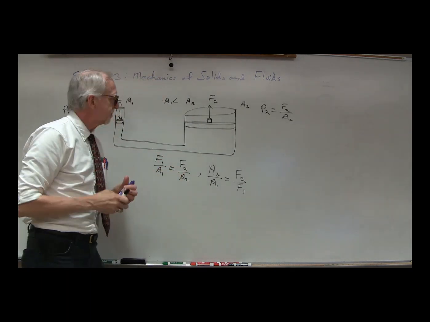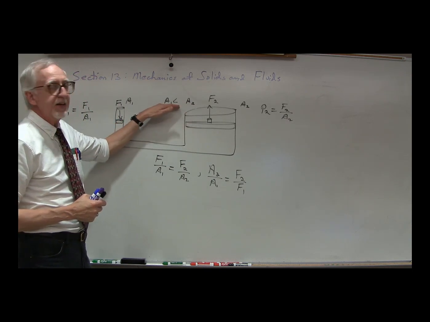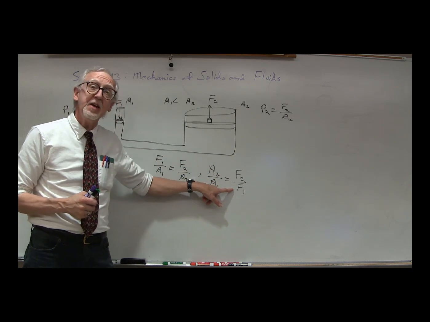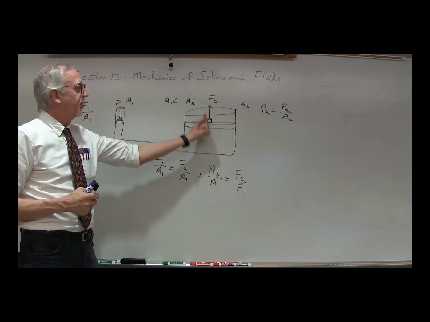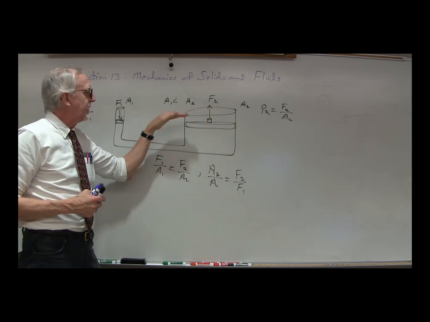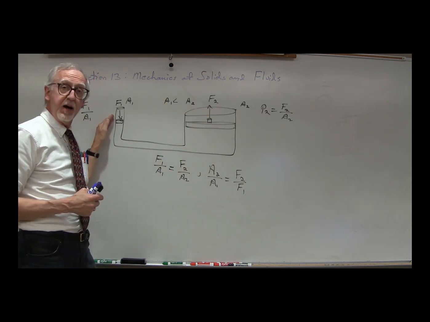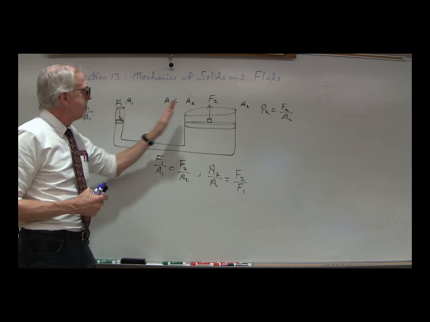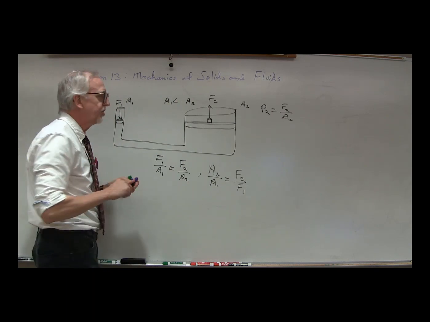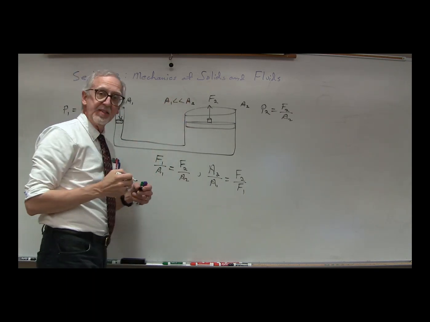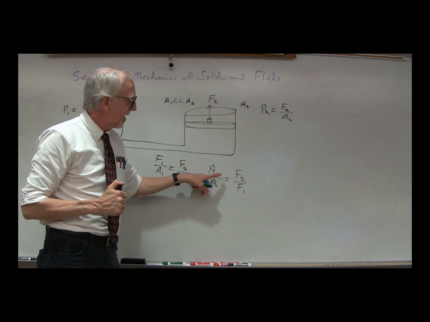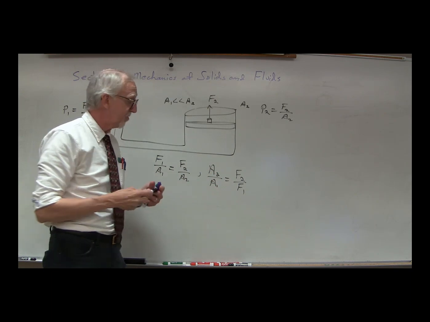So what does this tell us? Well, if A2 is larger than A1, F2 must be larger than F1. So the force that we get out of this piston that pushes up must be larger than the force that we apply over here. And if we make these tubes very different, imagine rather than A1 less than A2, A1 is much less than A2, then A2 is much larger than A1, so F2 must be much larger than F1.